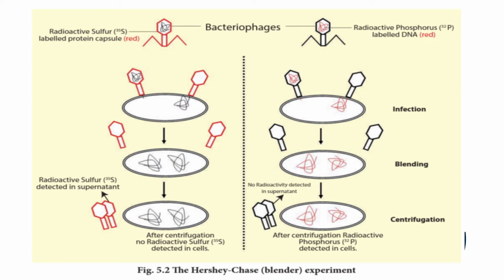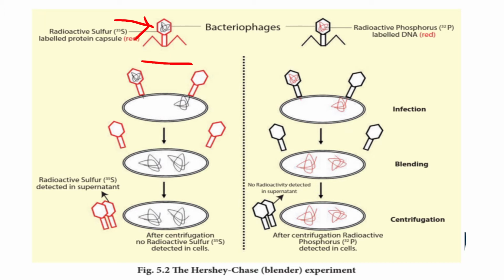This is a bacteriophage, and the red color means a radioactively labeled structure: the protein coat is labeled with radioactive sulfur, sulfur-35. The DNA is not treated with the radioactive isotope.